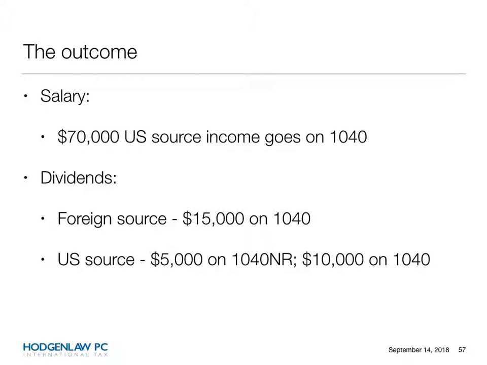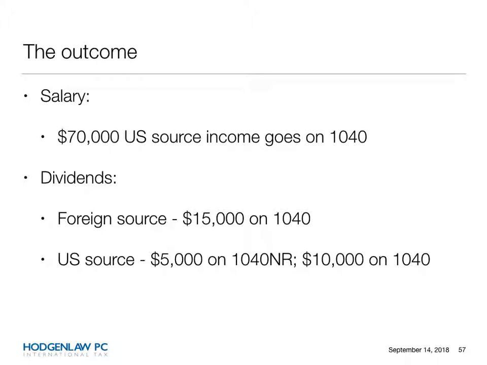This is the sum of the foreign source dividends earned after he became a US resident, the 15,000, and the US source dividends that he earned after he became a US resident, the 10,000. Combined together, that equals 25,000.